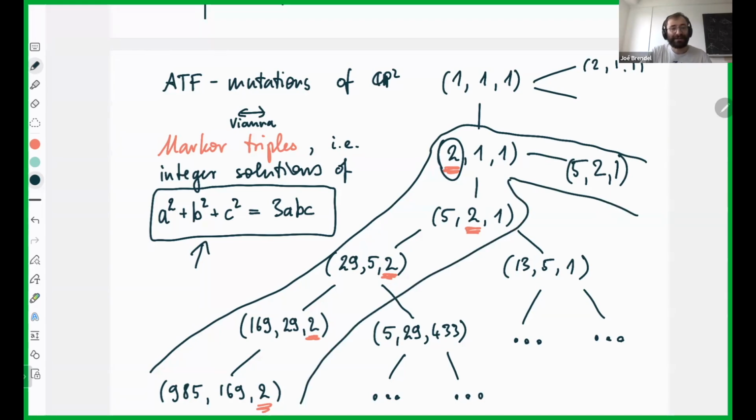So just in terms of the numerology of the Markov triples, it's the fact that the 1 appears twice in this triple. So if you mutate at either of the ones, you obtain the same answer. So if you go in either of the 2 directions, you obtain the same staircase behavior. Yes, thank you.